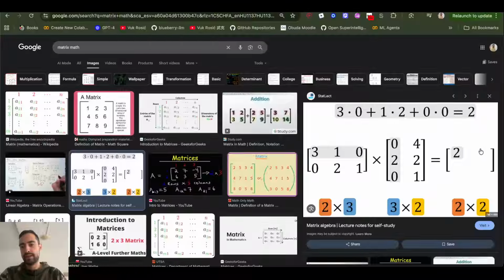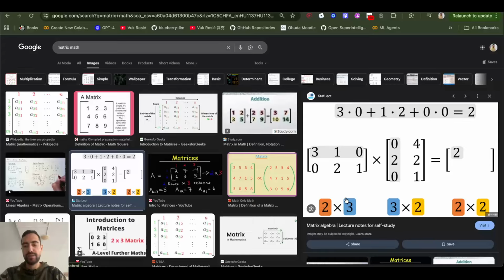And at the end, you will get a matrix that's the size of these outside dimensions. So 2 times 2, because this middle dimension will cancel out. And this middle dimension must be equal. The outside dimensions don't have to be the same.